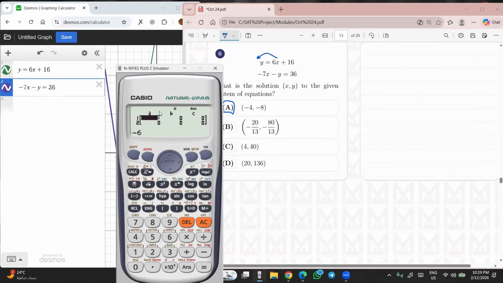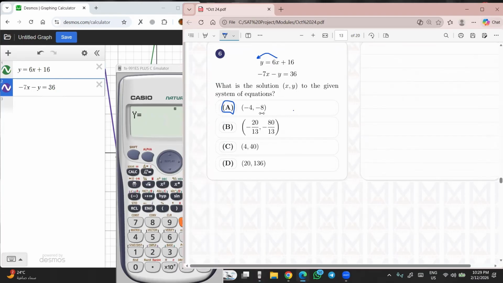Negative 6 for the A, B is 1, coefficient of y, and then 16 is the result. Go to the next equation, we write negative 7, negative 1, and then 36. And you get the answer as negative 4 for x and negative 8 for y. You get the same answer.